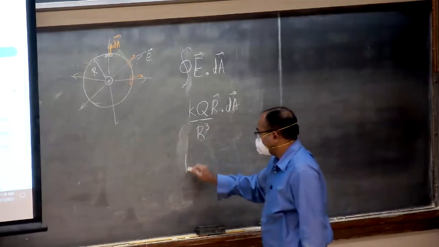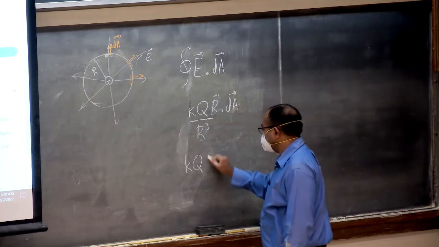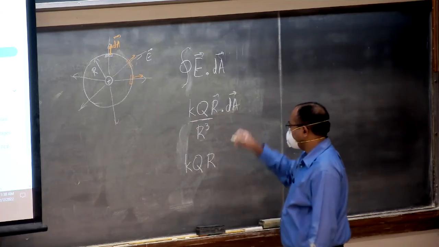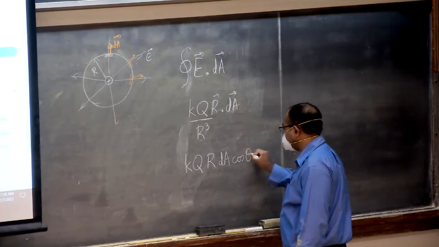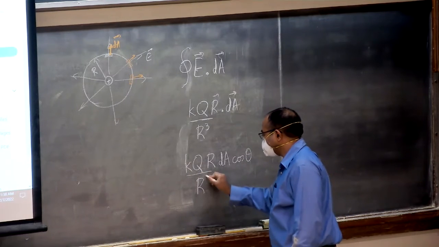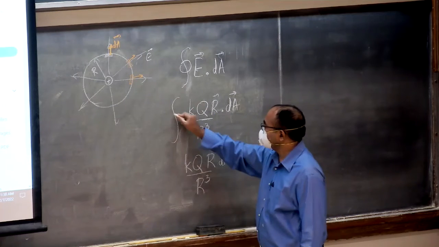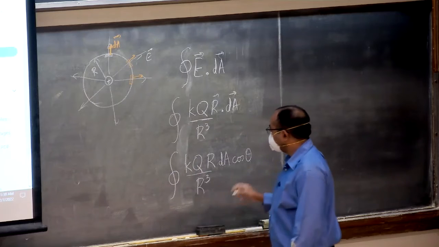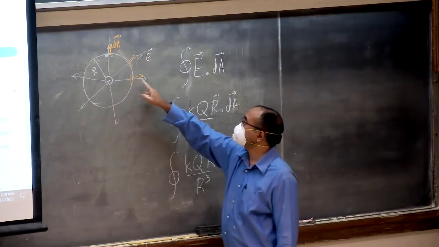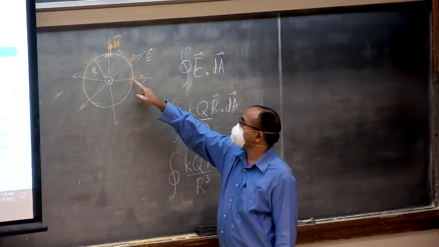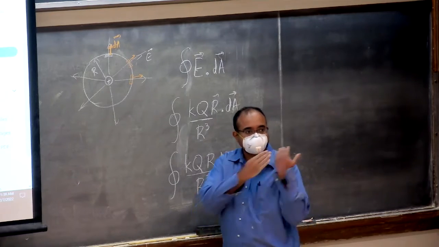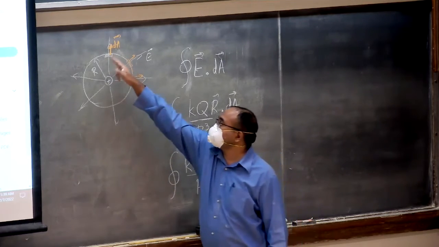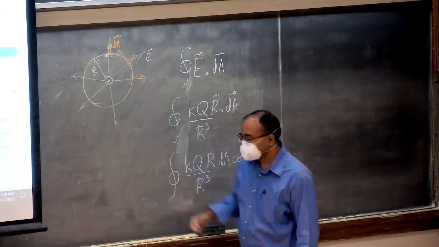The dot product would give me magnitude of R, magnitude of dA, times cosine of the angle between them. What is the angle between the electric field and the dA vector? 0, because they're both parallel, right? No matter where we go, they're both parallel.